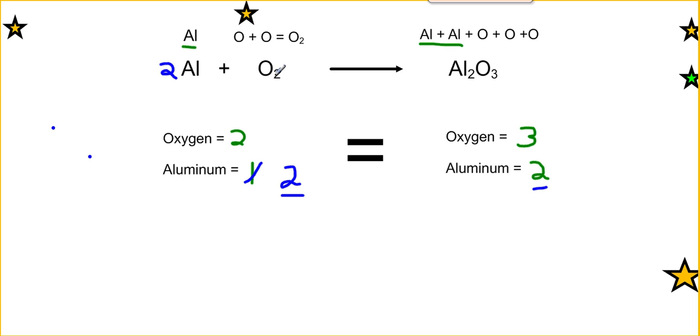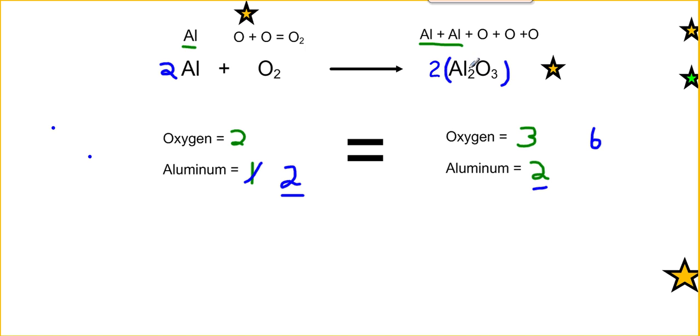So if we want something to balance this out, 2 and 3, we've got to find a common multiple, and the least common multiple in this case is going to be 6. It's not always the least common multiple, but in this case it is. So if we're looking to get 6 oxygens, I'm going to have to put a coefficient of 2 right here. So that 2 now stands for 2 times this entire molecule.